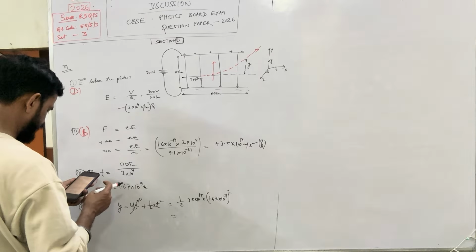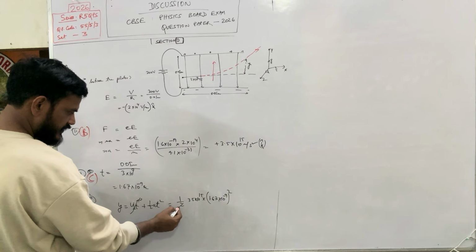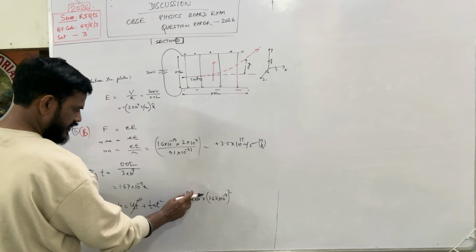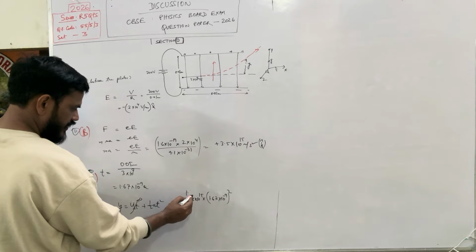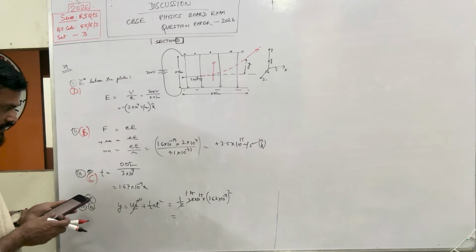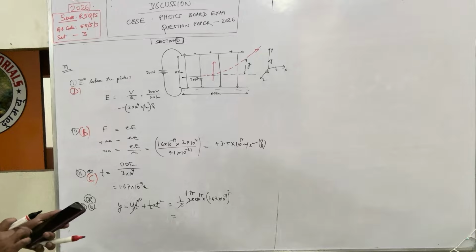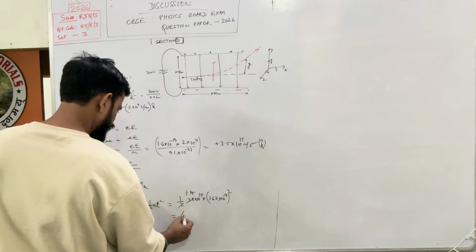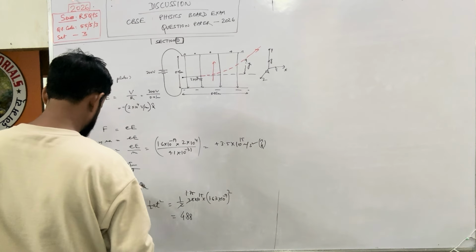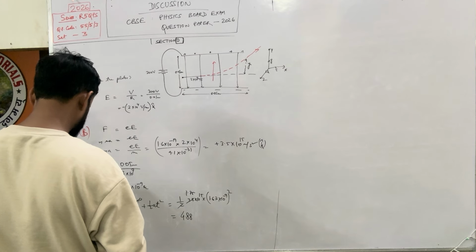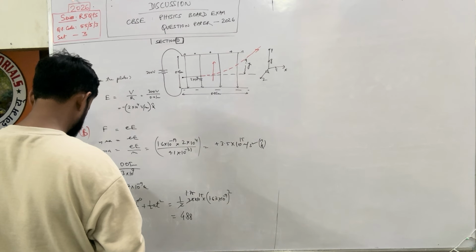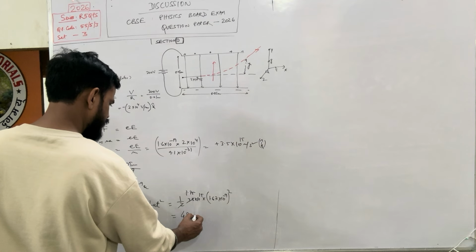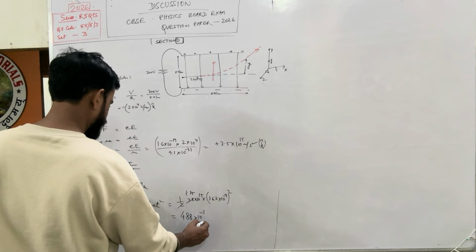So it should be 1.75, and then if you solve this, 1.75 into 1.67 into 1.67 gives you 4.88 into 10 to the power minus 3 meter.